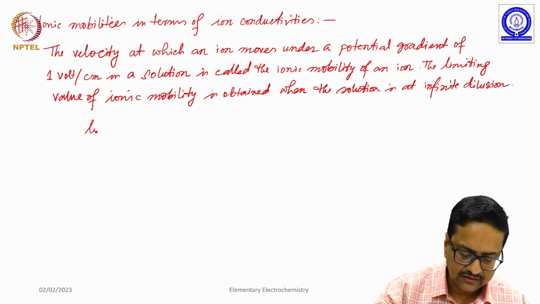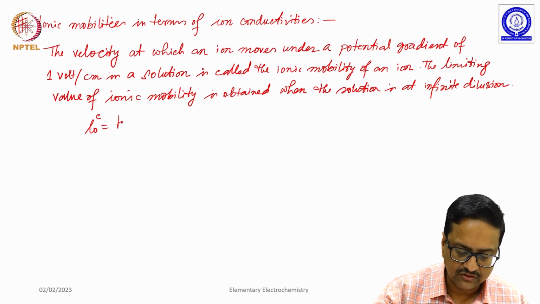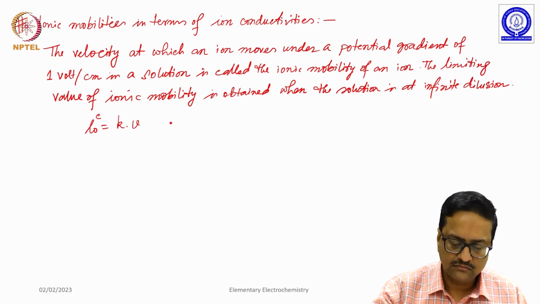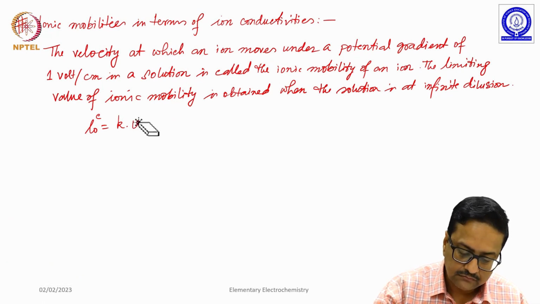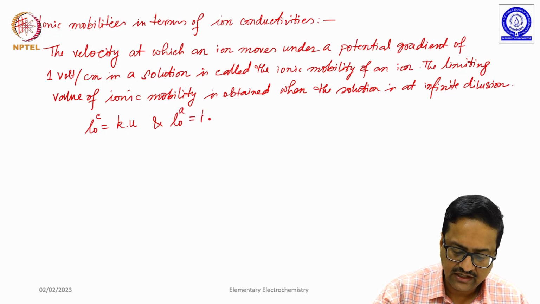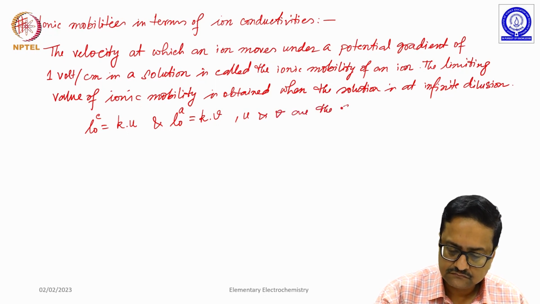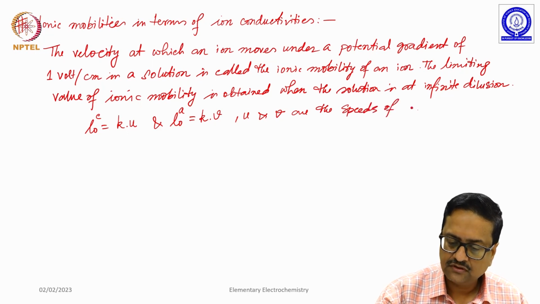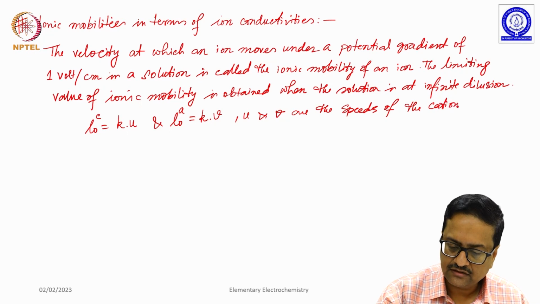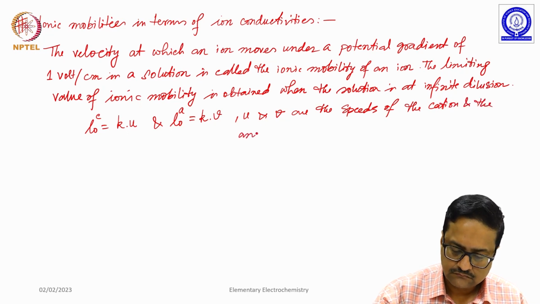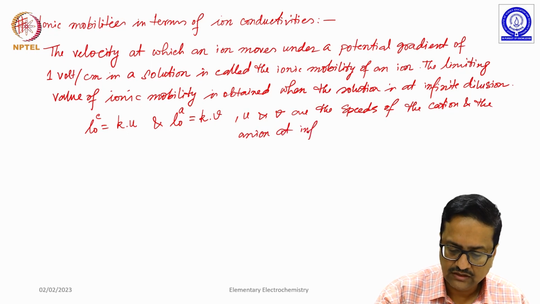So one can write that L0 cation is equal to some constant K into U, and L0 anion is equal to the same constant K into V, where U and V are the speeds of the cation and the anion at infinite dilution, right.